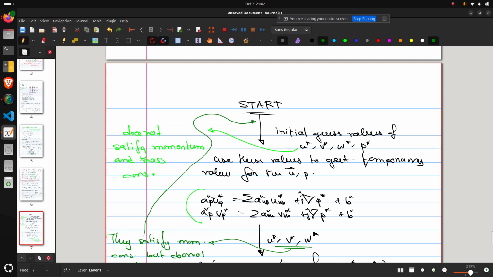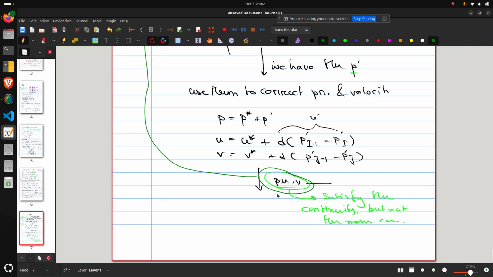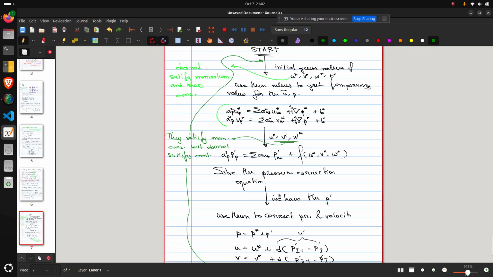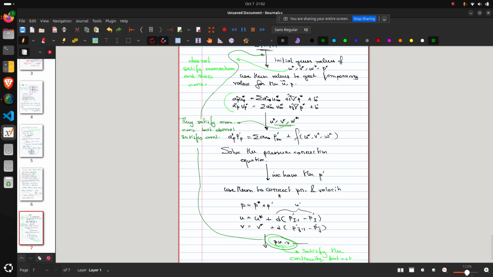We continue until we see that U, V and pressure are not changing from iteration to iteration. If the values of U, V and pressure are not changing significantly, then we know that the solution has converged.